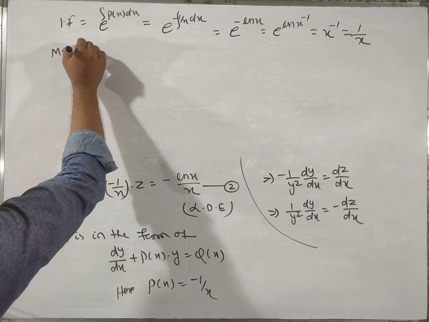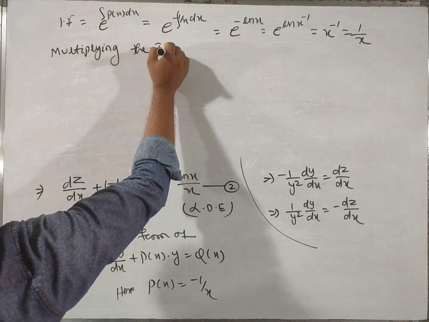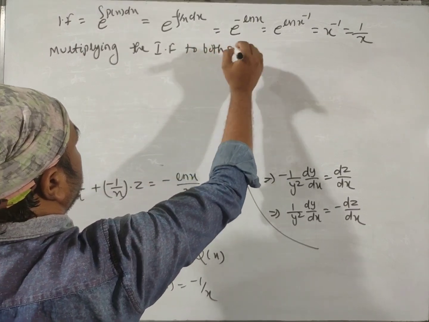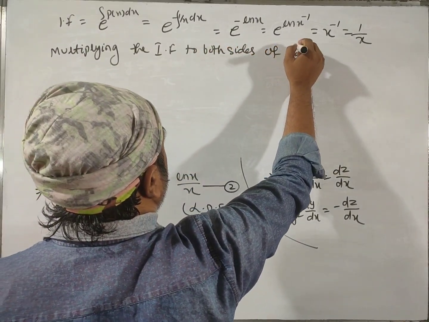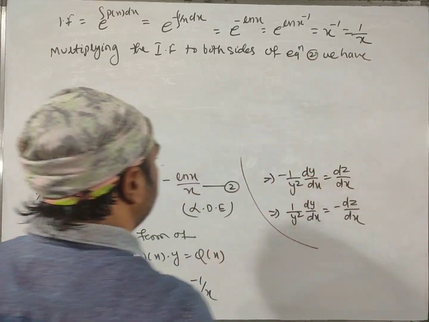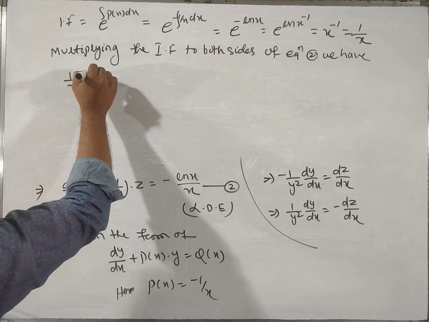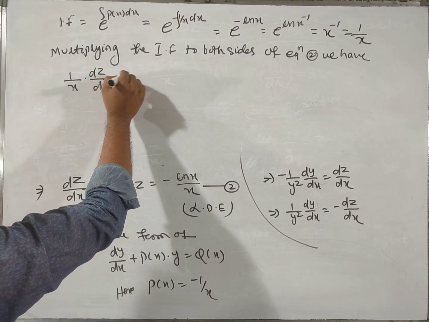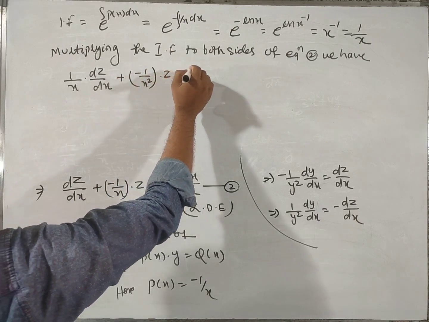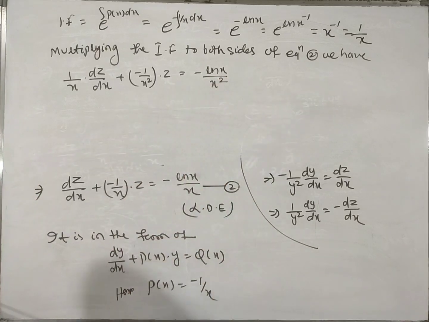Multiplying the integrating factor to both sides of equation 2, we have 1 upon x dz upon dx plus minus 1 upon x square multiplied with z is equal to minus ln x divided by x square.